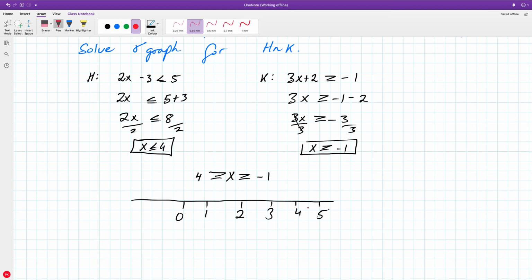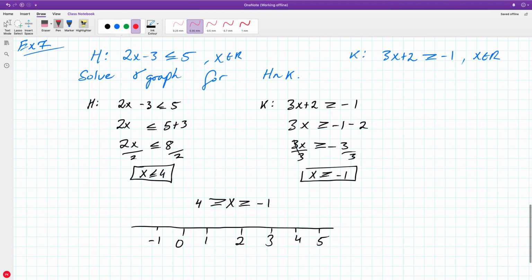We do need minus 1, well done. At least someone's paying attention. Right, are we putting dots or are we shading it in? We're shading it in. Are we including 4 and minus 1? Brilliant. Simple as that, girls, you have it. Well done. Good stuff.